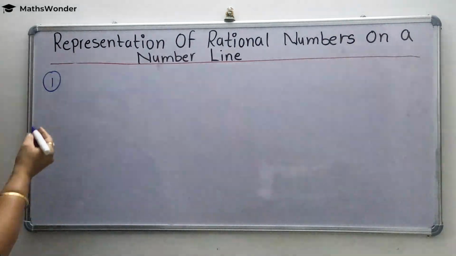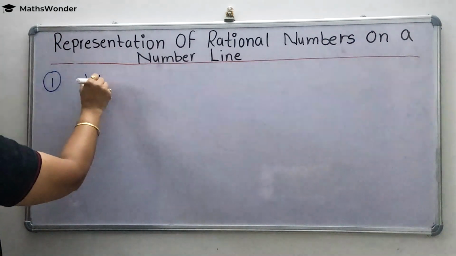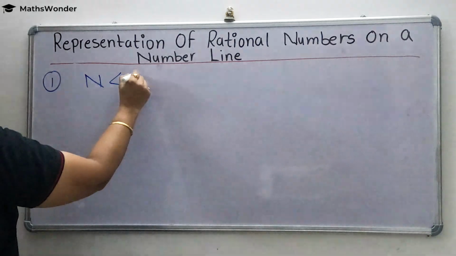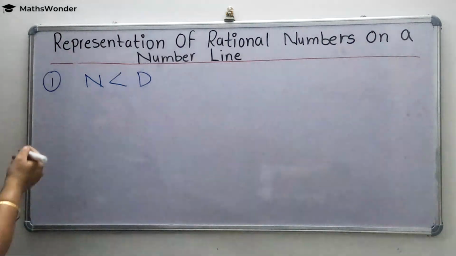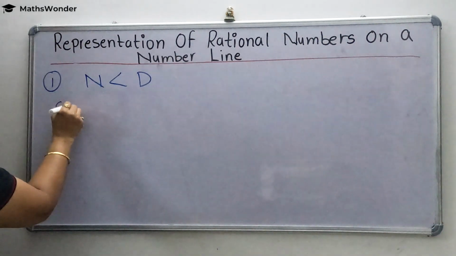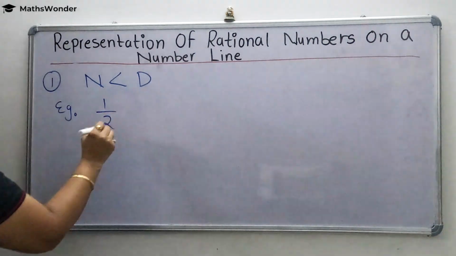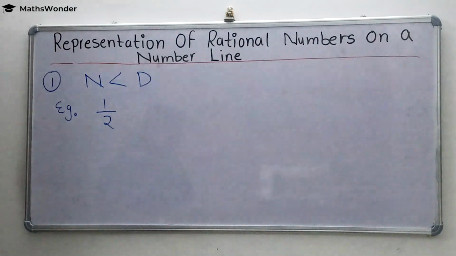Suppose your question has the numerator always lesser than the denominator, then how will you represent your rational number on the number line? For example, 1 over 2. How will you represent it on the number line?